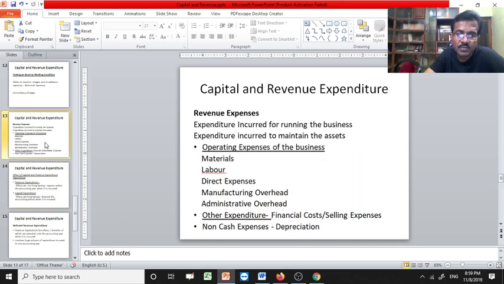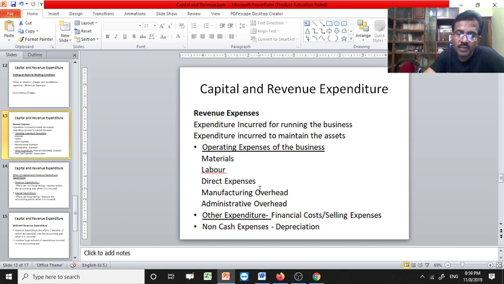And these are the types of revenue expenditure that you have got. Operating expenses, the expenses that you require to run your business, or basically production, your direct costs, the expenses that you need for your primary business. If you do not incur all these things, you cannot manufacture and sell. Simple.